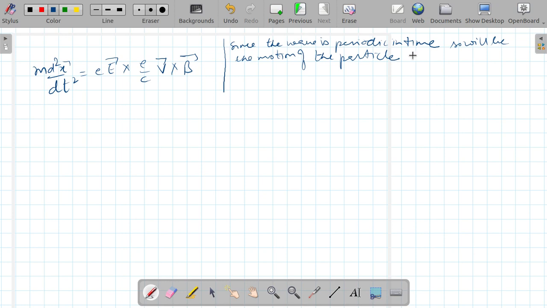This sets the charged particle in acceleration, and hence it will radiate, because an accelerating charged particle will radiate.